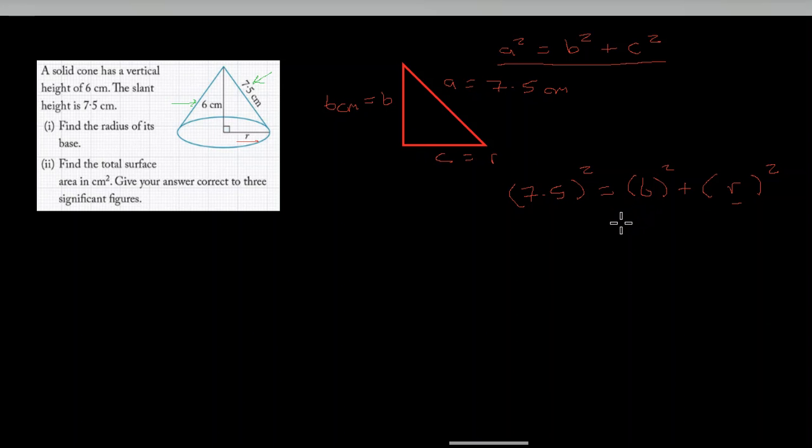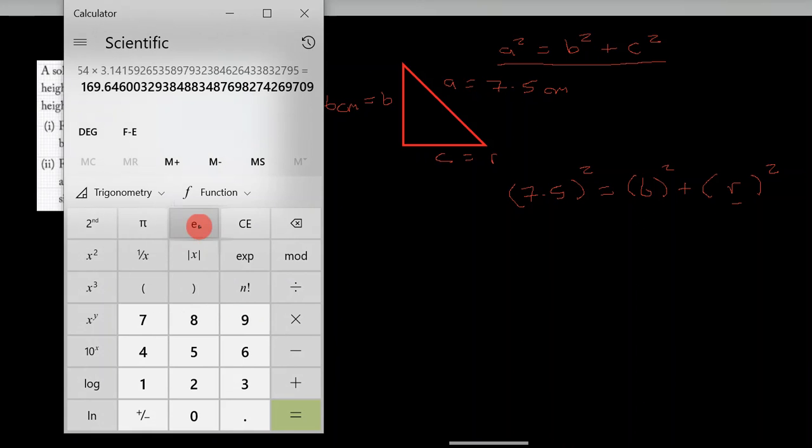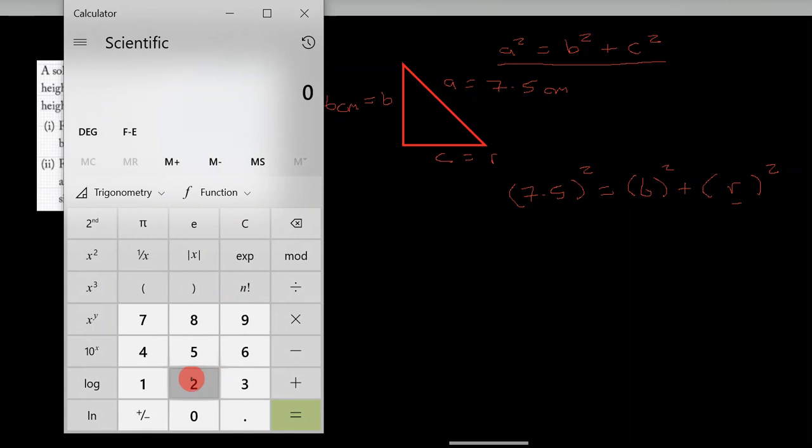So let's work out 7.5 squared. Let's get our calculator. So clear this. So 7.5 squared is equal to 56.25.